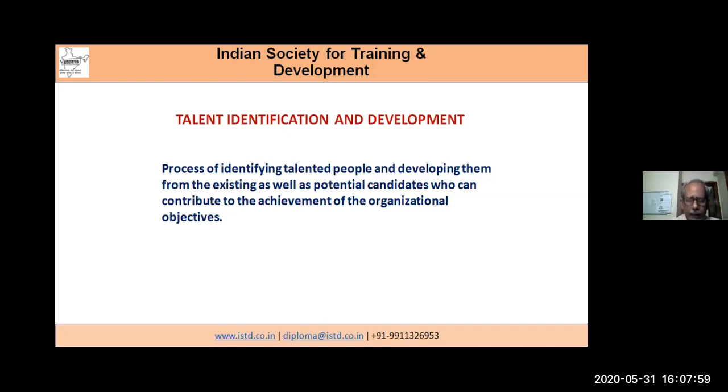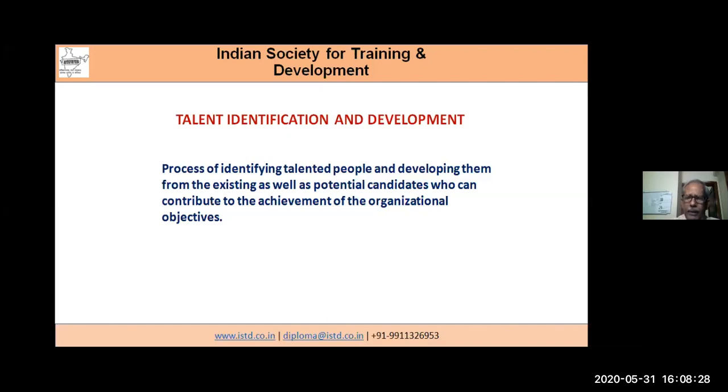Number one, the talented people within the organization: how can we identify them, develop them and make them prepared for tomorrow's requirement. And also how to identify people from outside who have the special talent suitable to the organization. So it's a process of identifying talented people, and since the topic is talent identification and development, identifying the talented people and developing them.